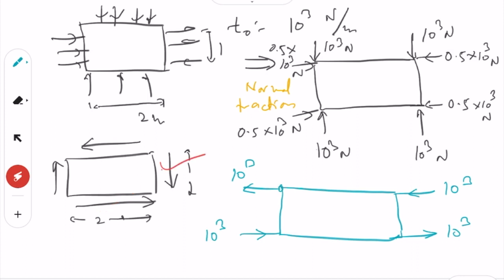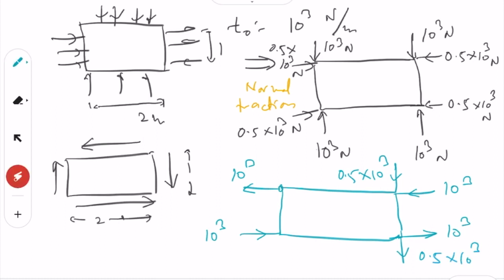Okay, now this is done, now this one. This one is 0.5 times 10 to power 3, which will go downward, here also downward. So here this becomes 0.5 times 10 to power 3, 0.5 times 10 to power 3.